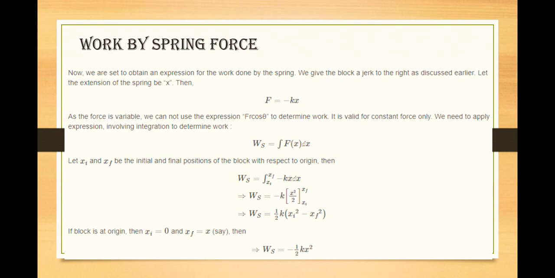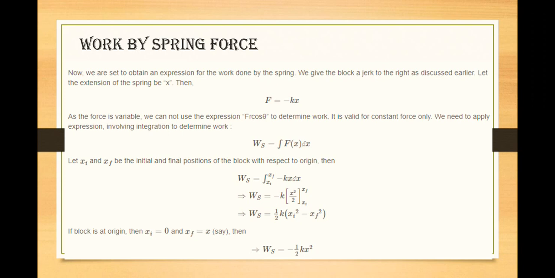We apply the integration: W is equal to integration of F of x dx. Let xi and xf be the initial and final positions of the block with respect to the origin. Then W is equal to integration from initial to final positions of minus kx dx.